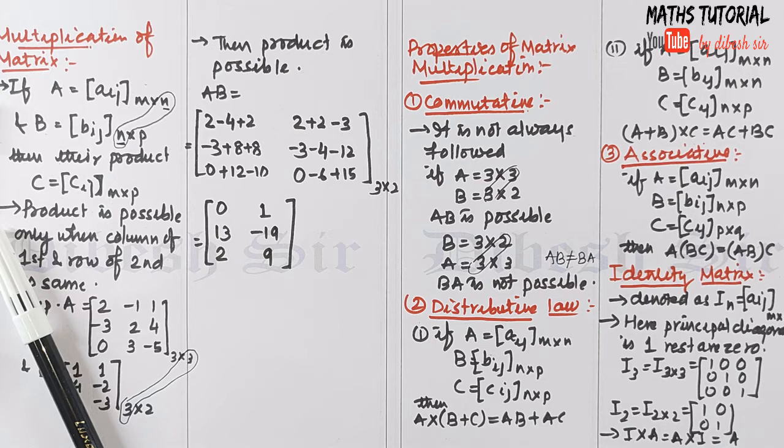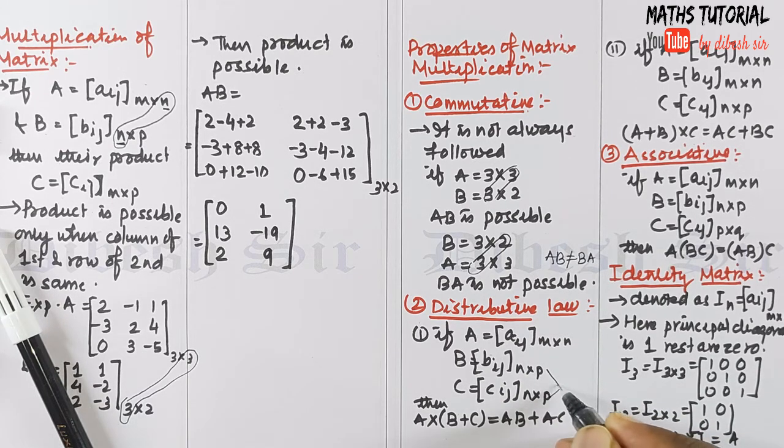Remember, the matrices inside the bracket, which are added, must have the same order. That is n cross p, n cross p. And for multiplication, the column of first and row of second must be the same.